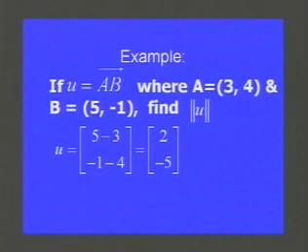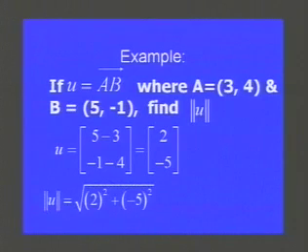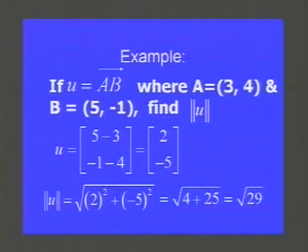Now to find the length, all I do is take the square root of 2 squared plus (-5) squared. 2 squared is 4, (-5) squared is 25, and I just get the square root of 29. So this vector u is square root of 29 units long. So it's 5 point something units long.